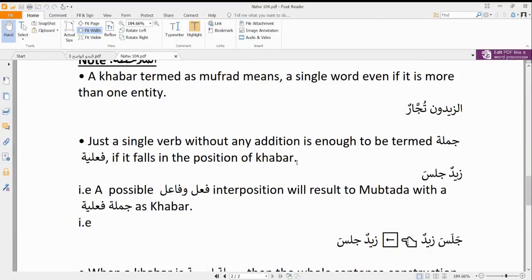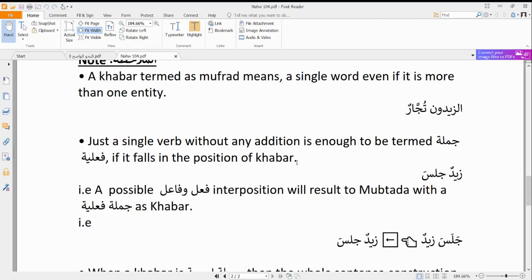So we can see that if we turn our fi'l and fa'il around, then we have a mubtada with a Jumlatun fi'liya as khabar. If you can remember very well, when we treated the topic of fi'l and fa'il, we explained that in jalasa zaidun, zaid is a fa'il because it comes after the verb.